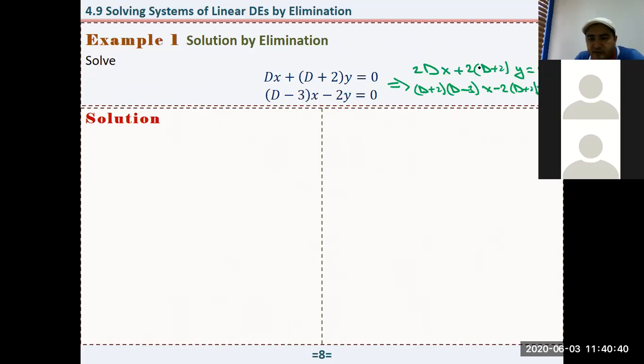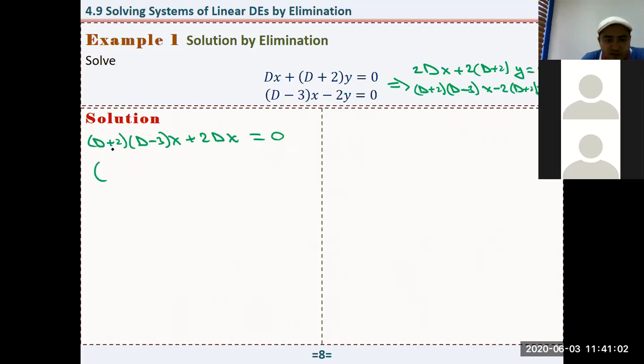Now if I add the first equation to the second equation, the signs are already opposite, right? They cancel out each other. If you just add them together, here we have (D plus 2)(D minus 3)x plus 2Dx is equal to 0, right? And x is a common factor.